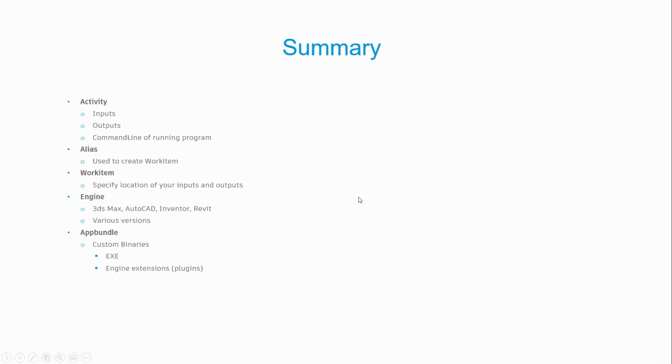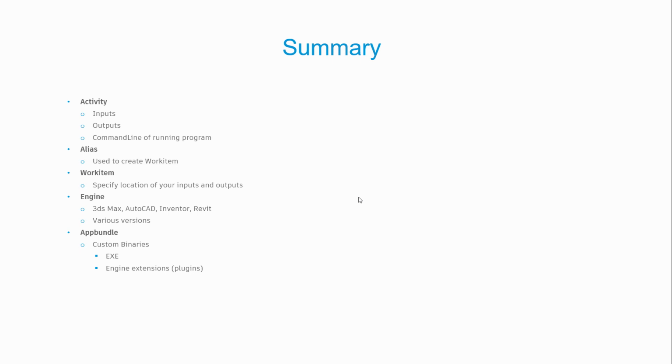Let me summarize what we have learned. To run something on Forge Design Automation, you need to define an activity. The center of the activity is the command line, which defines what program to run and how. The activity also defines what the inputs and outputs are. In most cases, inputs are files your program needs to use, for example, an Inventor model, and outputs are also files your program produces.